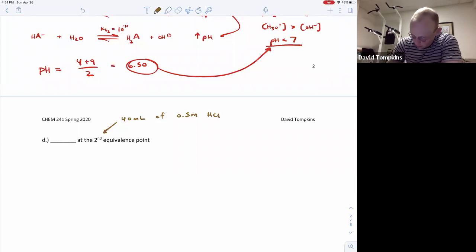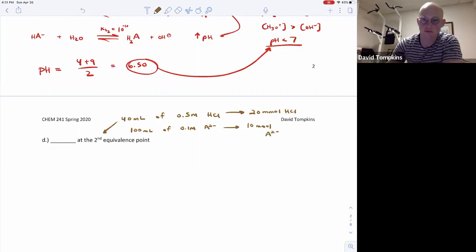And I'm still working with my 100 mL of 0.1 molar A2 minus. 40 times 0.5 will give you 20 millimoles of HCl. 10 times 0.1, we're still working with the same amount, 10 millimoles of A2 minus.